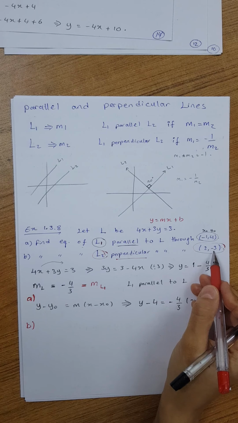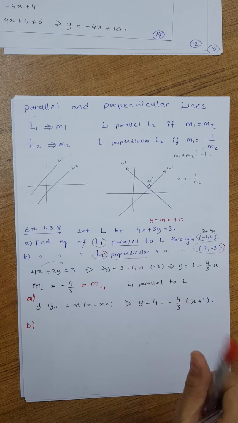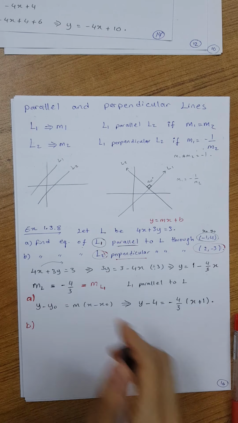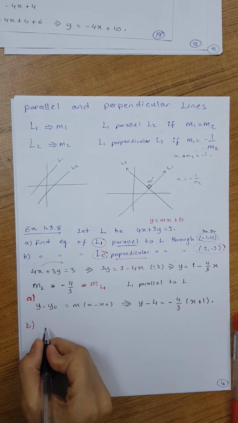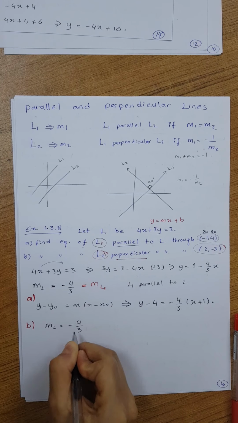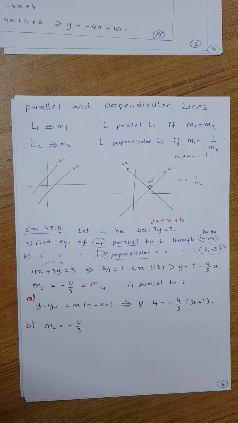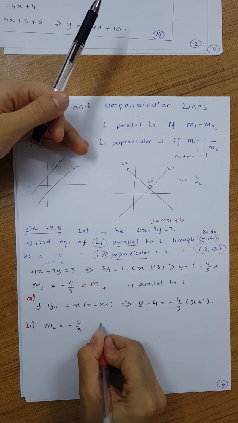The point is given to me. How do I find the slope? Depending on that information that's given to me, perpendicularity. I found the slope of this one, m of L, okay? That's equal to minus 4 over 3. I found it here, okay? How can I find m of L2?